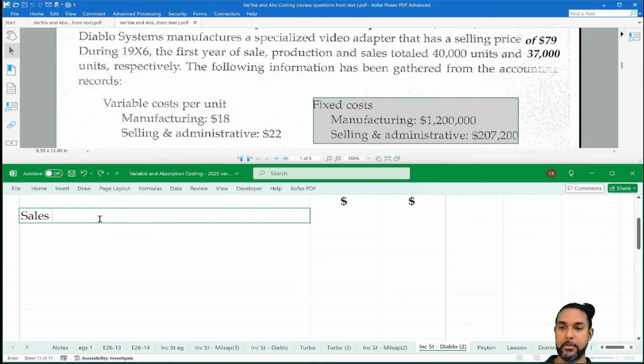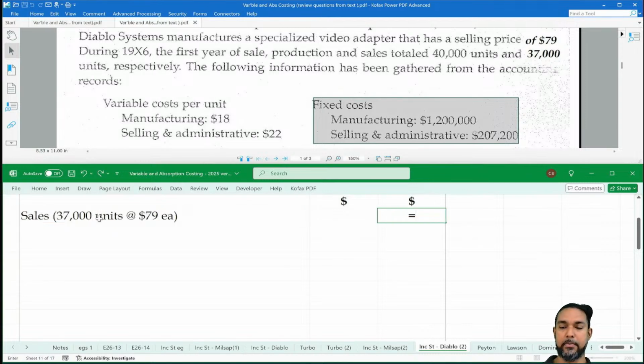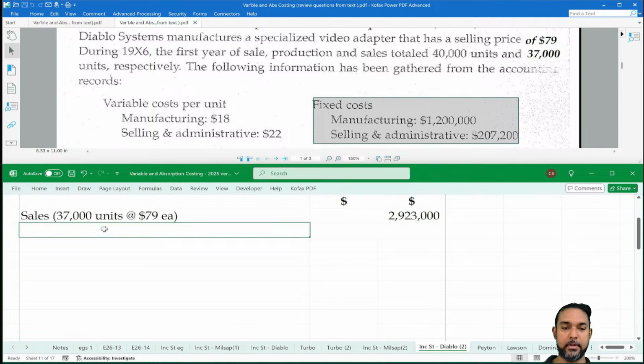All right. Cool. So sales, we sold 37,000 units at a price of $79 each, right? So that's 37,000 multiplied by 79. Okay. Right. And then we have less variable cost of sales.